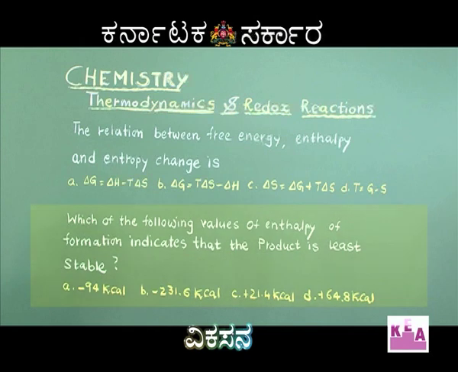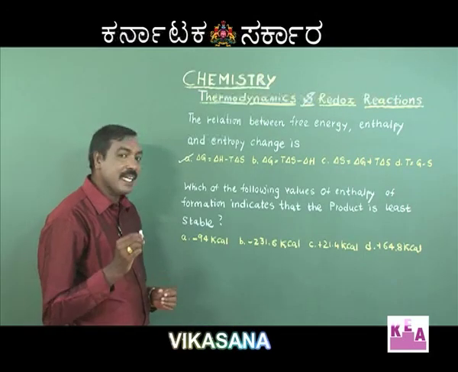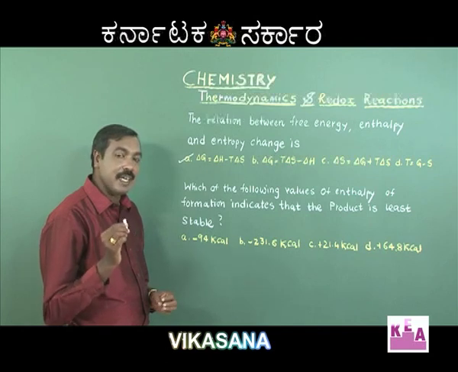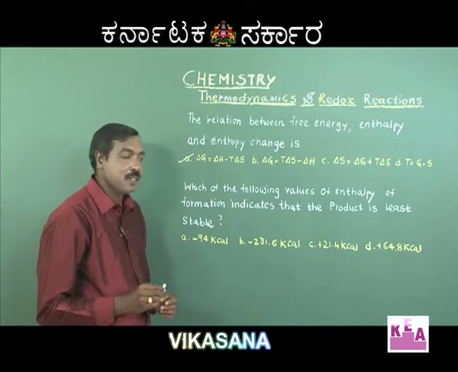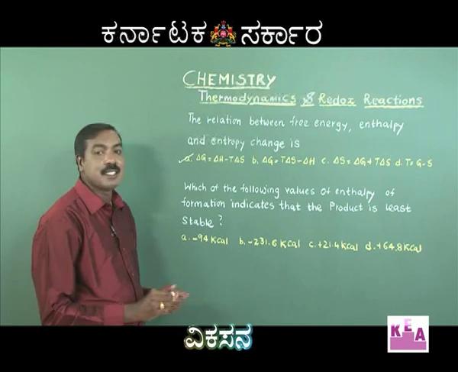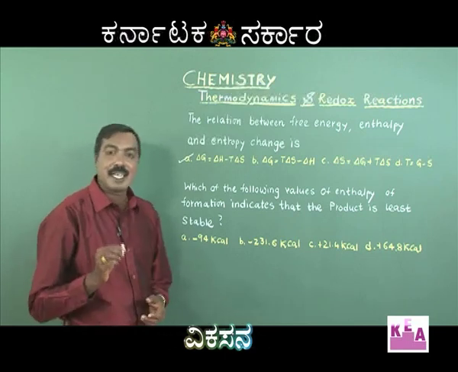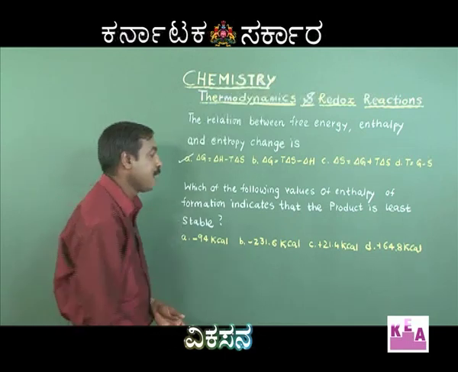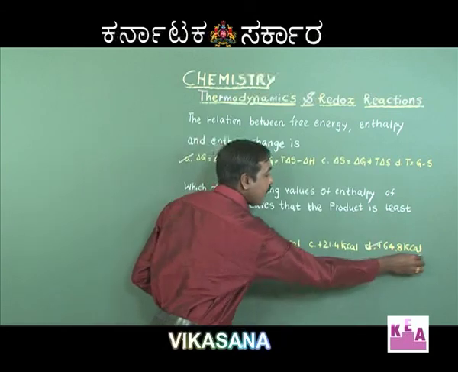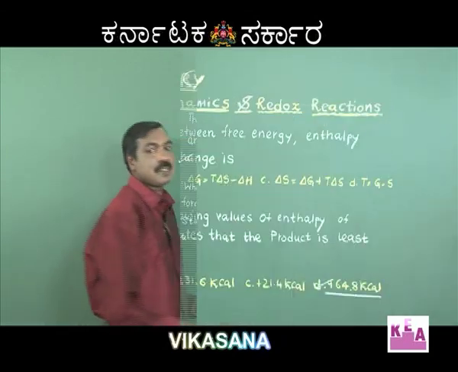Option A minus 94 kilocalories, option B minus 231.6 kilocalories, option C plus 21.4, option D plus 64.8. As I mentioned, greater the positive value of delta H of formation, least stable is the compound. Therefore, the right option is option D, plus 64.8 kilocalories.